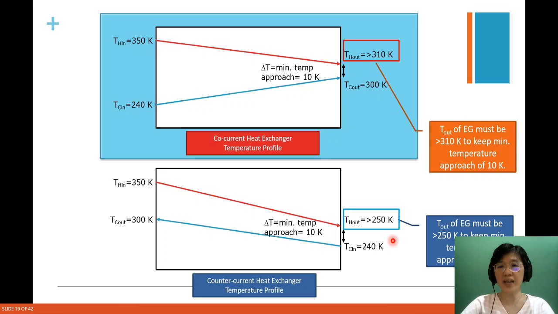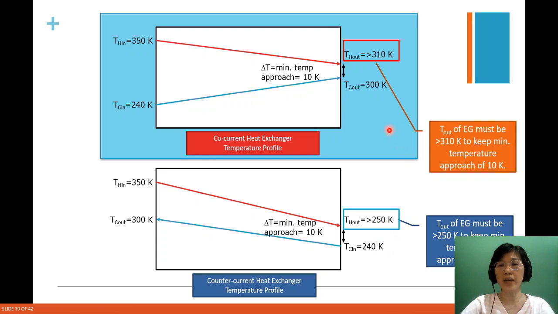So in this case, if you want to keep a minimum temperature approach of 10 Kelvin, we can always adjust the specification of the hot stream to ensure the outlet temperature of the hot stream is at least 250 Kelvin and above. Okay, so this is for countercurrent.